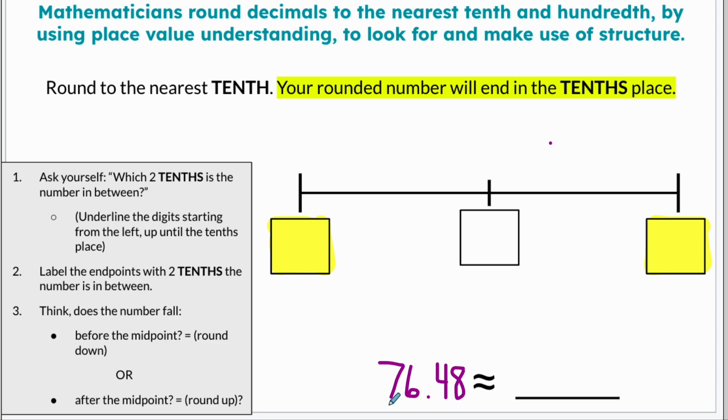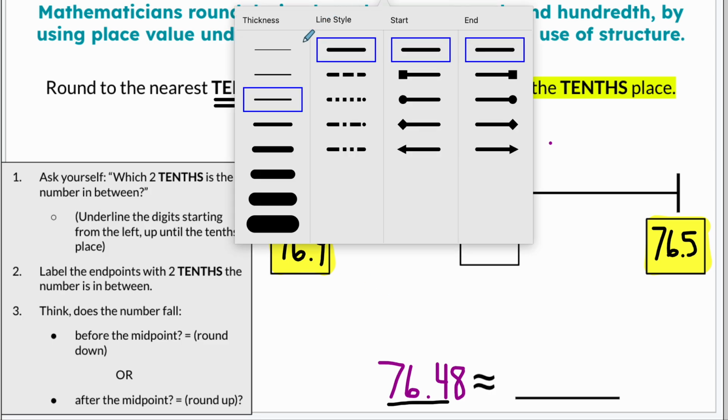I'm going to start in my biggest place value, and I'm going to stop in the place I'm rounding to, aka my tenths place. The digit 4 is in the tenths place. I'm going to stop there. And guess what? 76 and 4/10, that is my first endpoint. Boom. And then just like we did in class with our count around, what's the next tenth? 76 and 5/10. That's going to be our next endpoint. Now our answer, since we're rounding to the nearest tenth, can only be one of these 2 yellow highlighted numbers because they both stop in the tenths place.